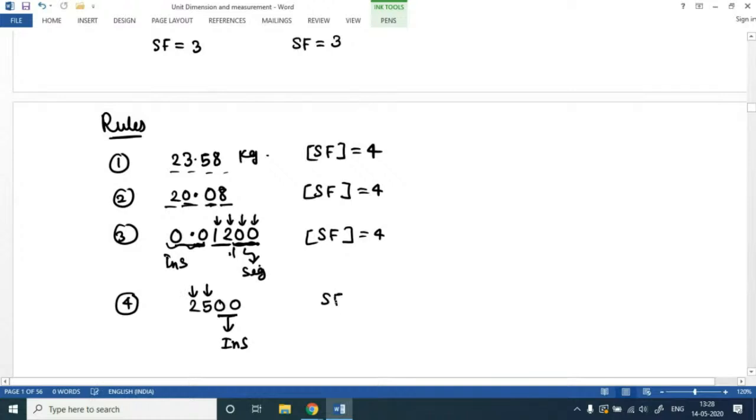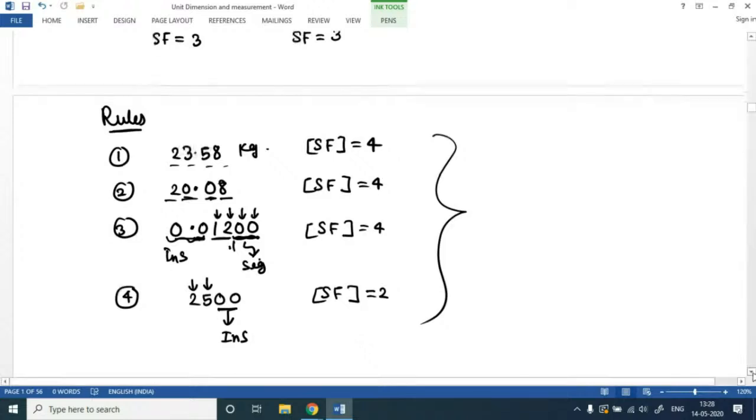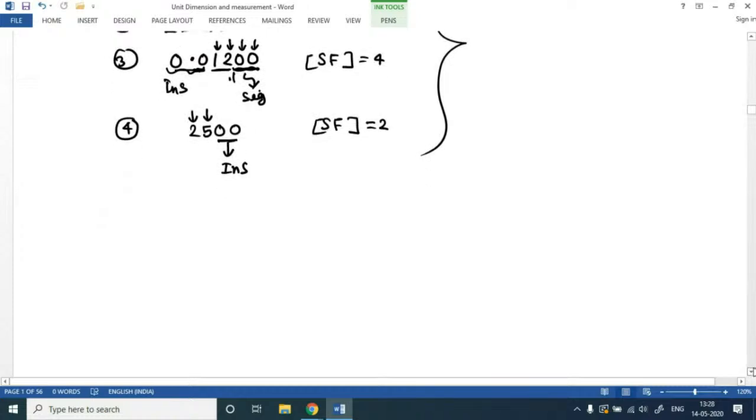So the number of significant figures in this is equal to 2. All these rules we are simply framing because we need to have the same number of significant figures if we change the units also. Like you saw in the previous example, even after framing these many rules, some ambiguity is still left.